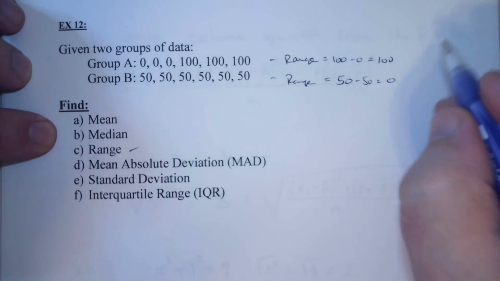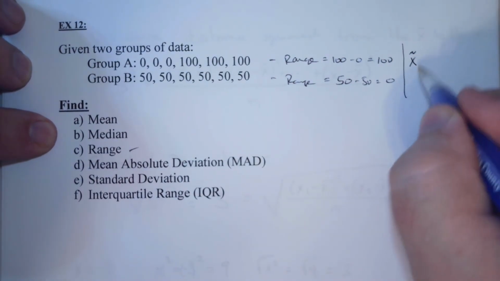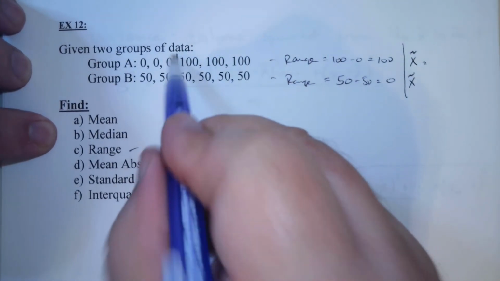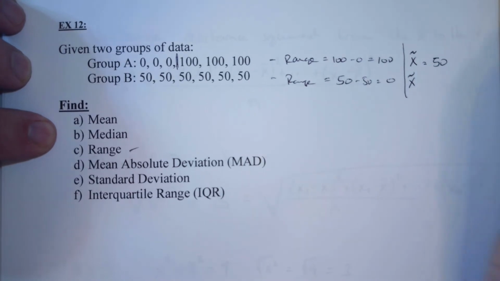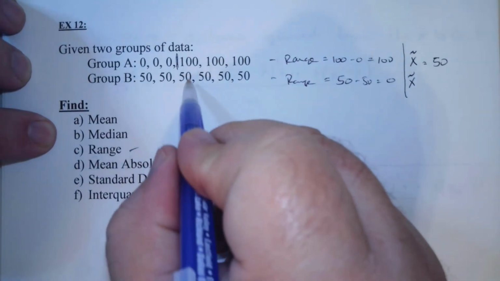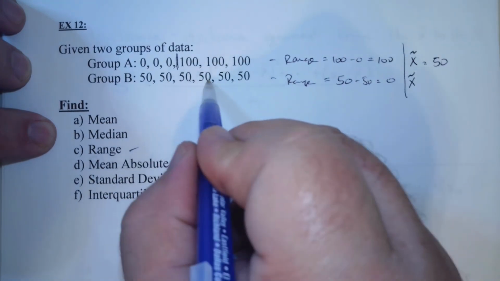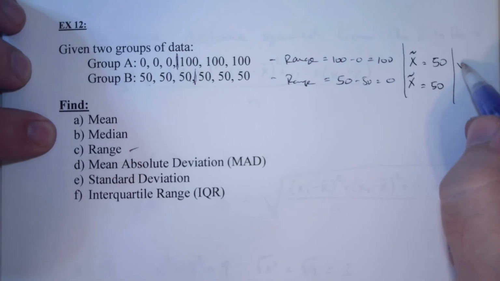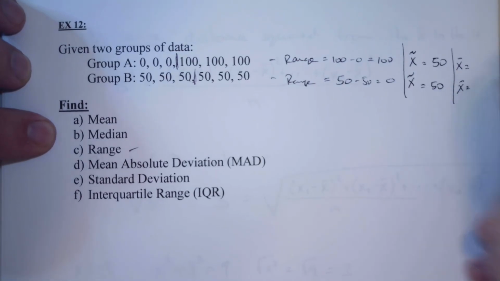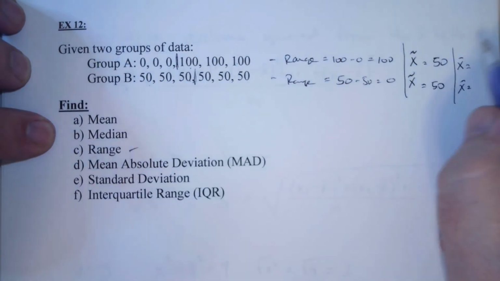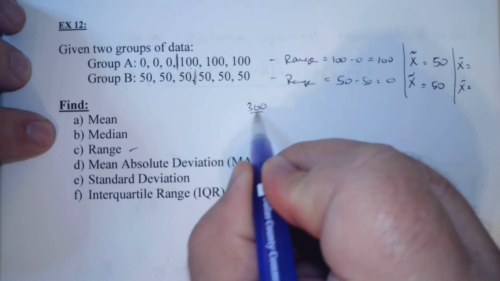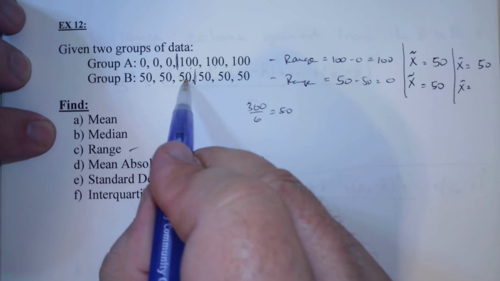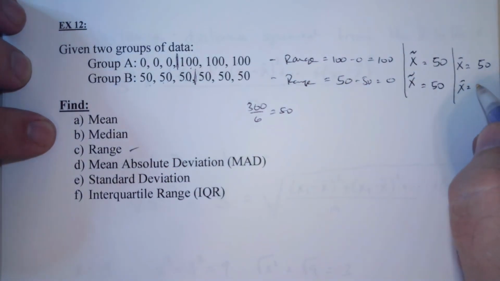The median: since there are 6 numbers, divide by 2. The median is 50 in that case. And the median here is also going to be 50. And the means: 300 divided by 6 is 50. 5, 10, 15, 20, 25, 30. So it's 300 over 300. So these are both going to be 50.